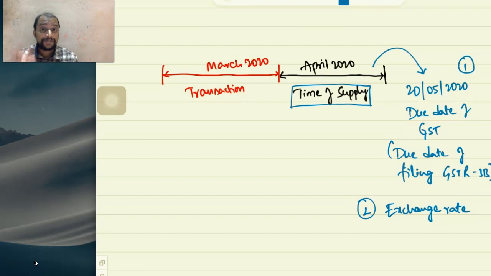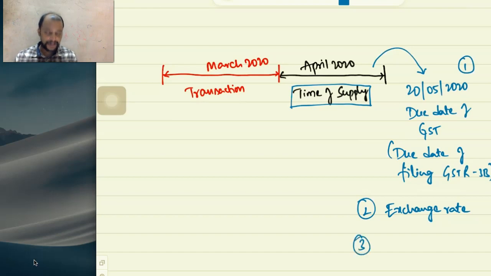But for that purpose, we need to convert the currency, that is the transaction denominated in foreign currency, into Indian rupees. So for that we need the exchange rate, which we have discussed in revision 2, that is we need to take the CBIC rate or GAAP, generally accepted accounting principles rate. In case of goods, CBIC rate; in case of services, GAAP rate, prevailing on the date of time of supply. That is the second objective.